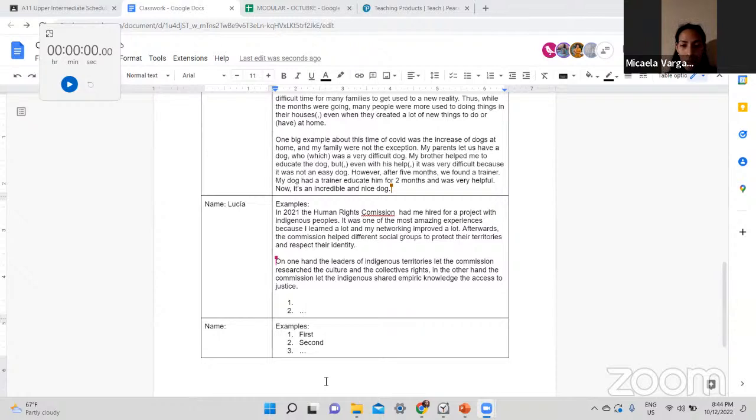On one hand, the leader of indigenous territories led the commission research the culture and the collective rights. In the other hand, the commission let the indigenous share empirical knowledge, the access to justice.